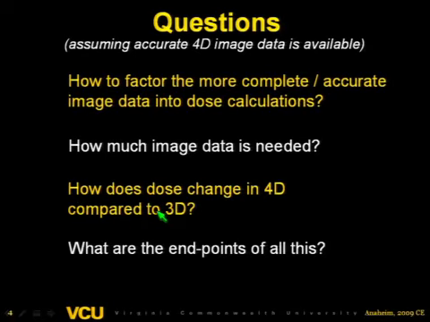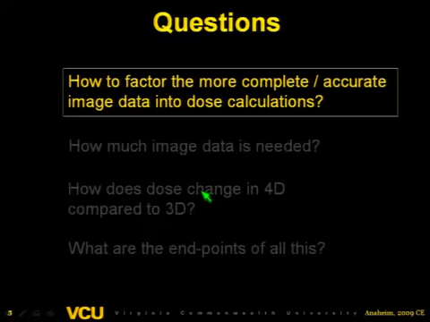So one has to wonder first how we can factor the more complete and accurate image data into those calculations, how much image data is needed, how does the dose change in 4D compared to three-dimensional based treatment planning, and of course, at the end, what are the endpoints of all this? So let's first discuss how we can incorporate more image information into those calculations.